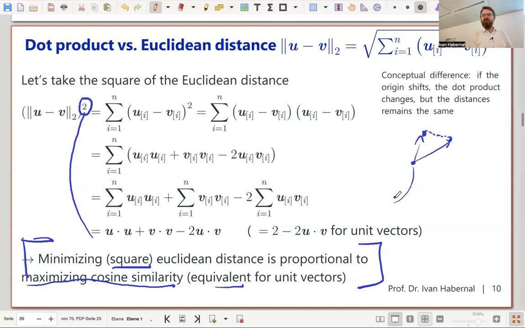If you shift the origin somewhere else, the distance won't change, but you get new vectors and they probably will change their dot product as well. If you move it somewhere even more extreme, like here, then you have almost similar vectors, but the Euclidean distance remains the same. So this is important: Euclidean distance is invariant to origin shift, the dot product is not. But it's just a detail on the side.